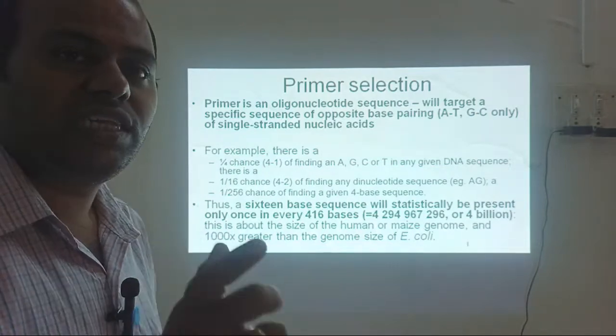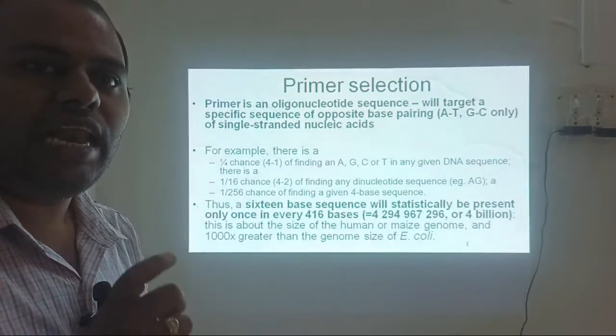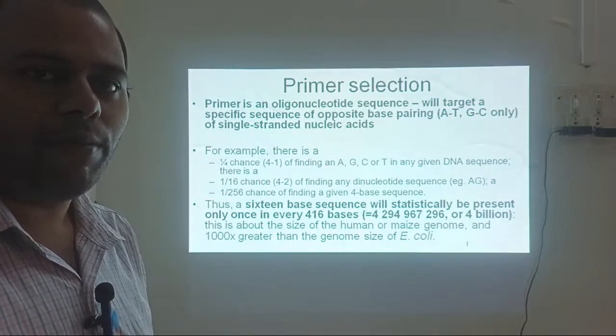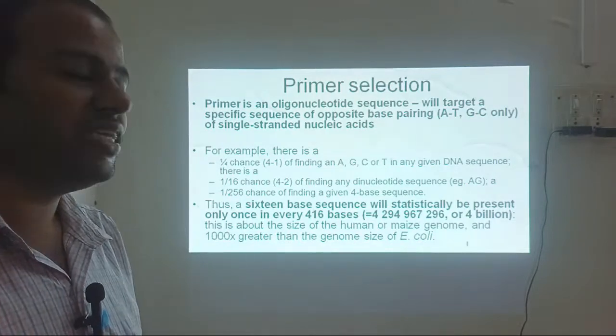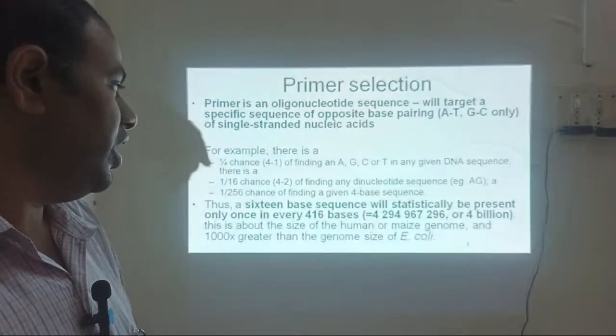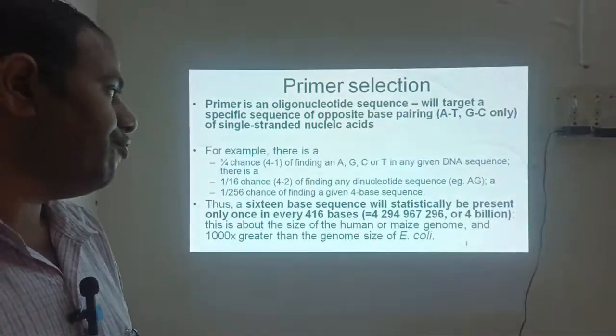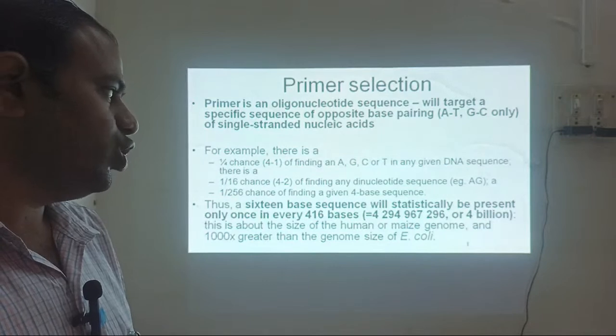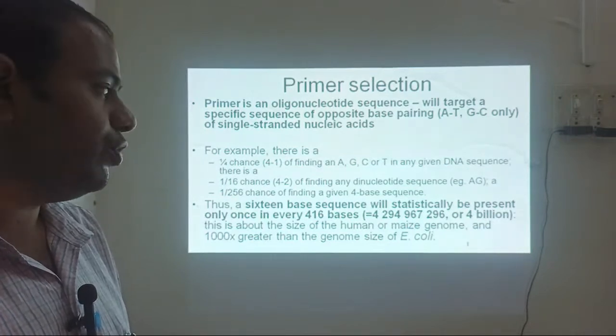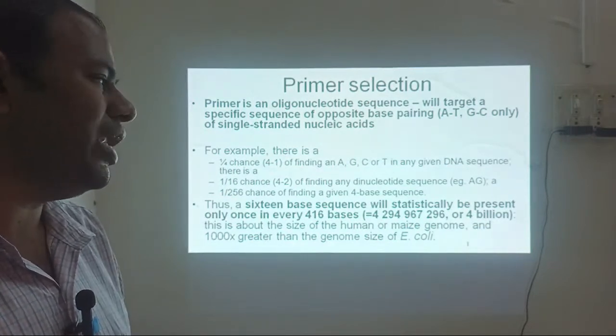So when you take 16 bases together in a primer, the probability of getting this is once in every 4^16 bases. So if you calculate it, you get around 4 billion bases.